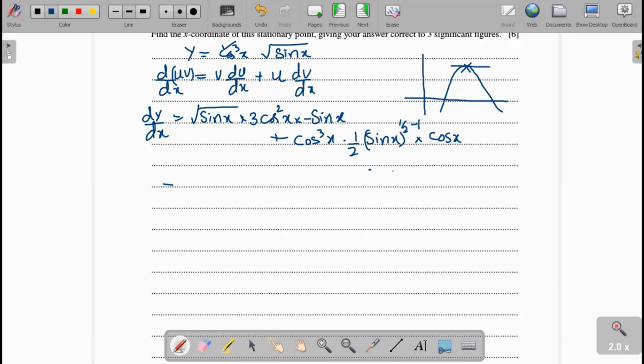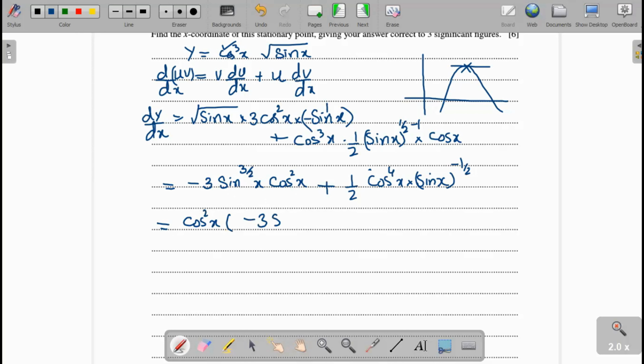Now the equation becomes minus 3 sin to the power 3 over 2 of x times cos squared x, since sin to the power 1 over 2 times sin becomes 3 over 2, plus 1 over 2 cos to the power 4 x times sin to the power of minus 1 over 2 x. Now we take cos squared x as a common factor, and we get minus 3 sin to the power 3 over 2 x plus 1 over 2 cos squared x.